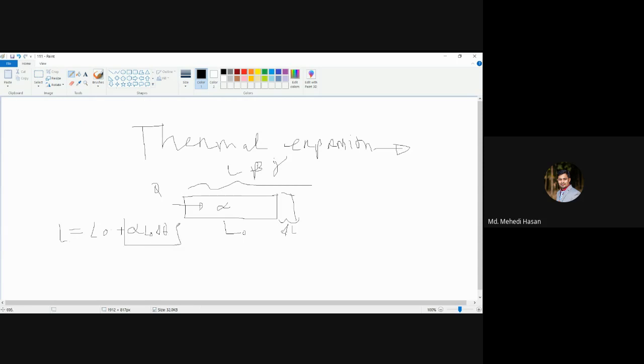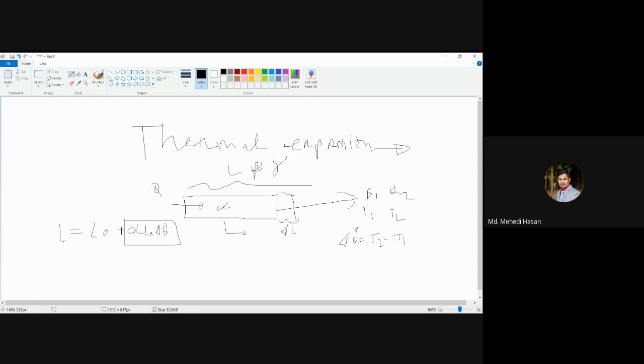So this alpha L naught del theta, the temperature change is del theta. If we apply q amount of heat, then the temperature will change from theta 1 to theta 2, or you can say T1 to T2. Then the temperature change del theta is equal to T2 minus T1, or theta 2 minus theta 1.